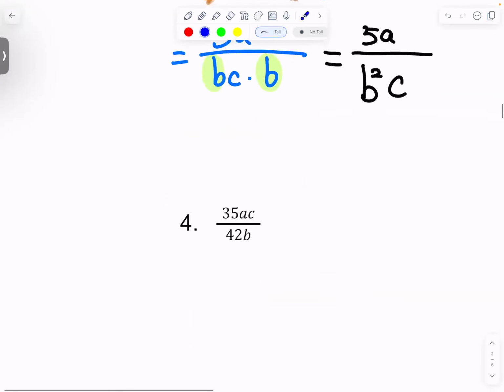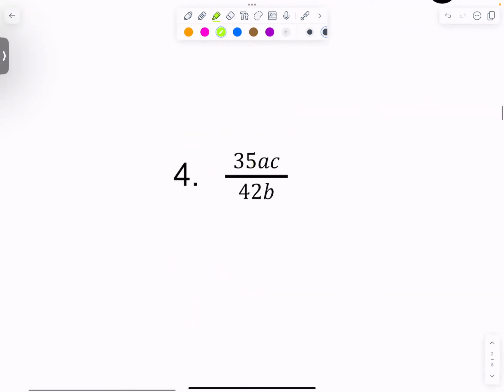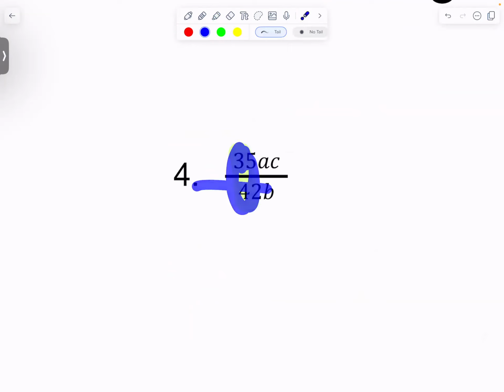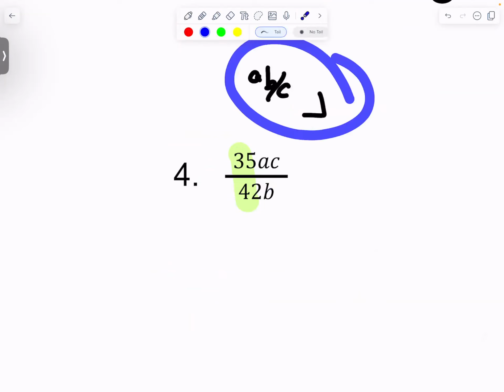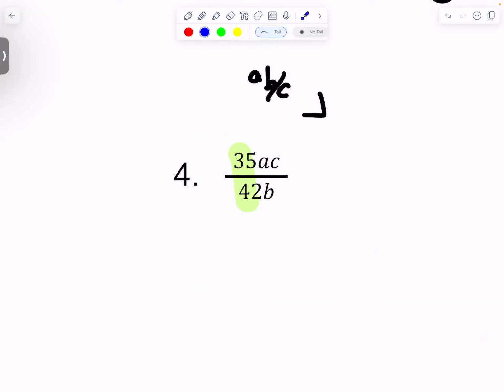All right, next. Now, if that was hard, this should be easy then. Numbers first. If you can't think what it can be divided by, actually, you can click this in calculator. 35 over 42. How do we click over? The ABC sign. Yes, on the top left corner, you will see that ABC sign.